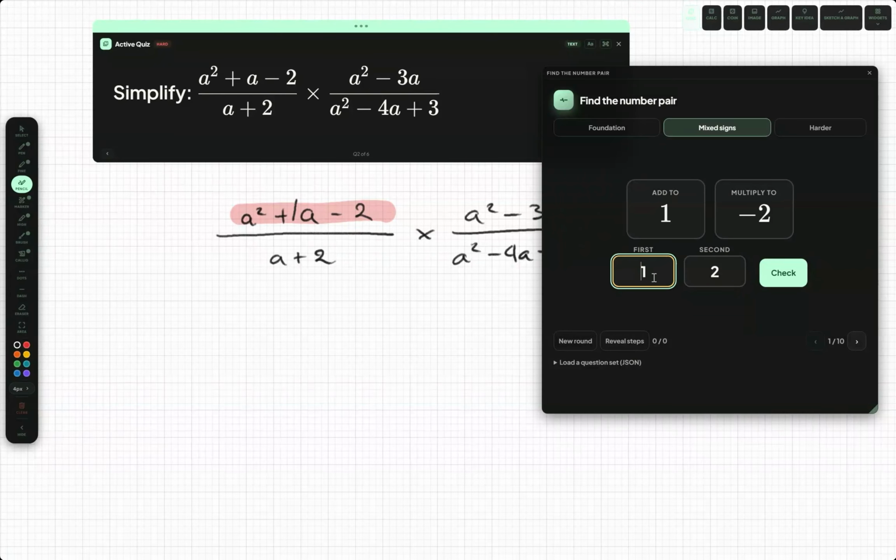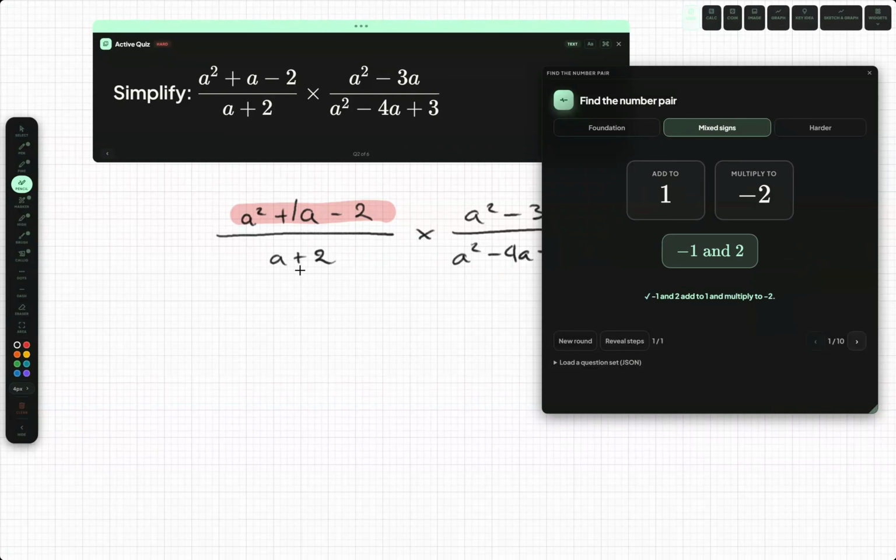What if I do minus 1 plus 2? I'll add them together, they'll sum to give us 1, but they'll multiply together to give us minus 2, right? And this gives us our first essentially useful factor. So this will give us a minus 1 times a plus 2.